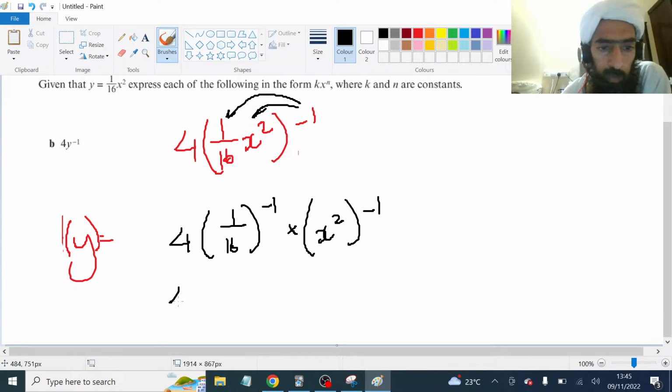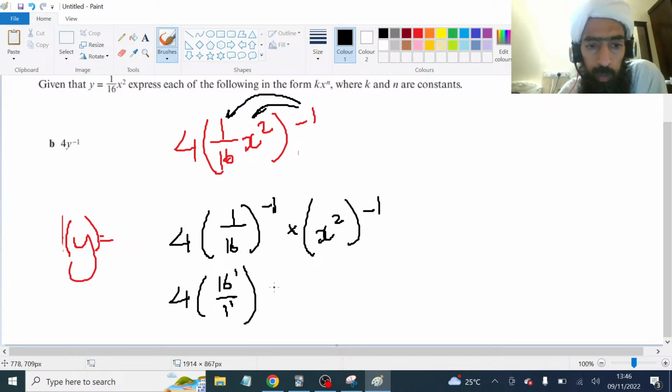So we can have 16 to the 1 and 1 to the 1, applying that power of 1, and the minus means you flip the fraction. It's called the reciprocal. Then here the powers can be multiplied, so that's x to the power minus 2.